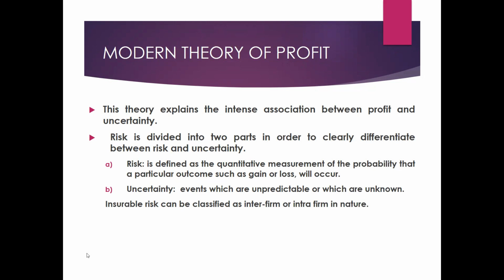Insurable risk can be further classified into two parts. Insurable risk can be classified as inter-firm or intra-firm in nature. Inter-firm means outside, in between the firms, and intra-firm means we are talking about inside the firm. So these are the definitions of risk and uncertainty.